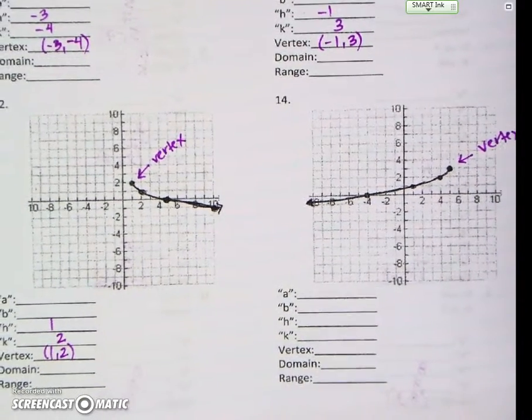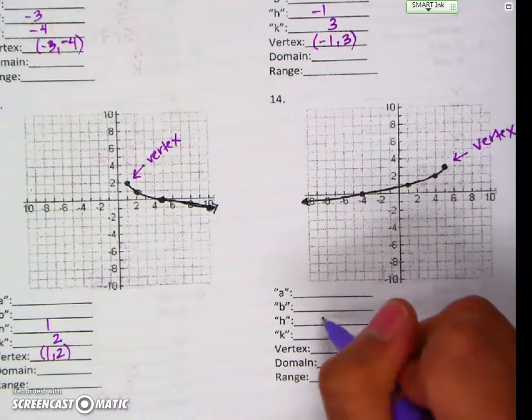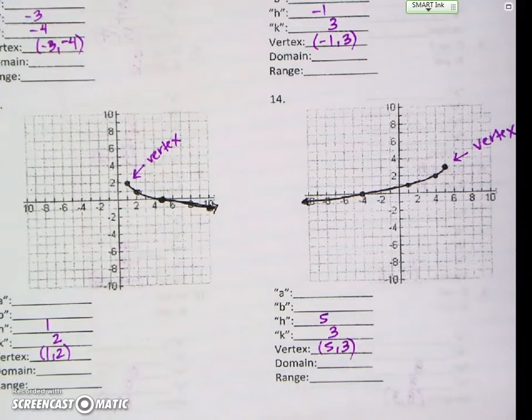Is that a maximum or a minimum? It's going to be a maximum, and it is located at (5, 3). Are there any questions on how to find the vertex? Okay.